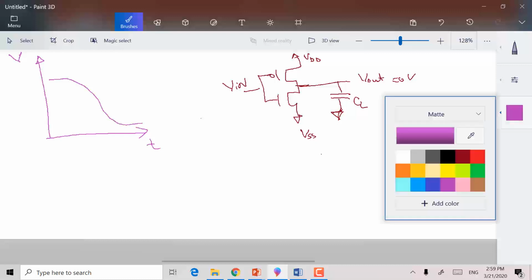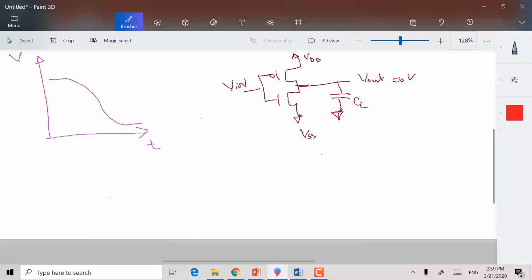And what this will lead to is that our output voltage will switch from 0 to 1. So this is my Vin and this is my Vout. And clearly when the Vout, so this is here 0 volt and this is here VDD, clearly the capacitor is charged.